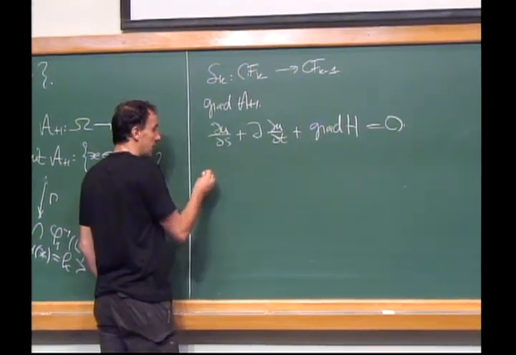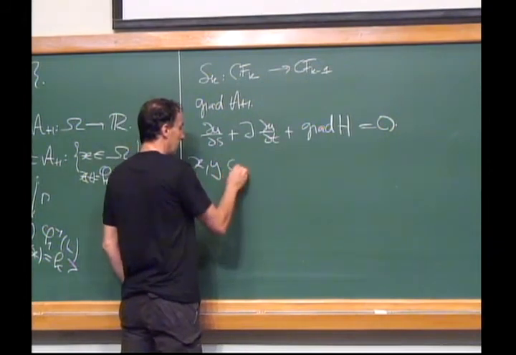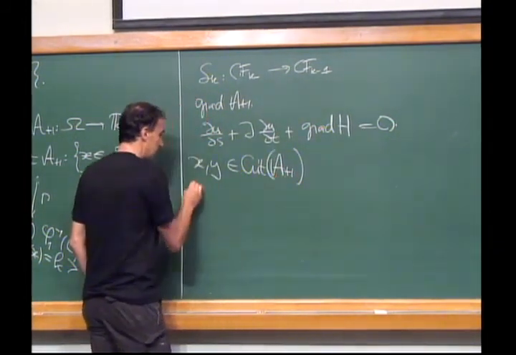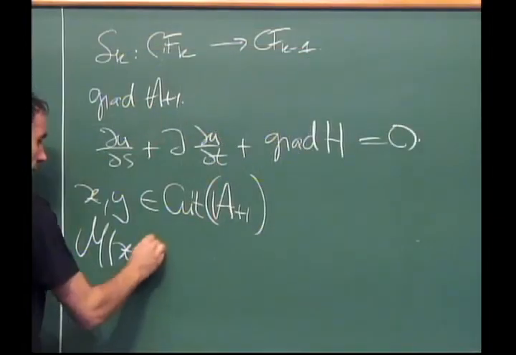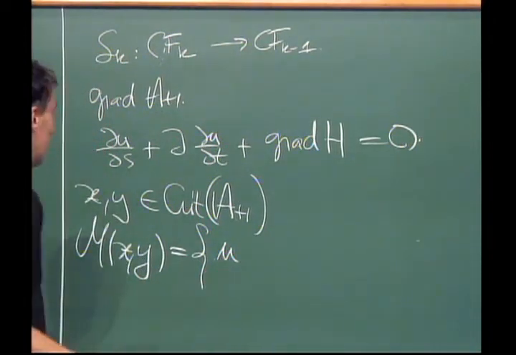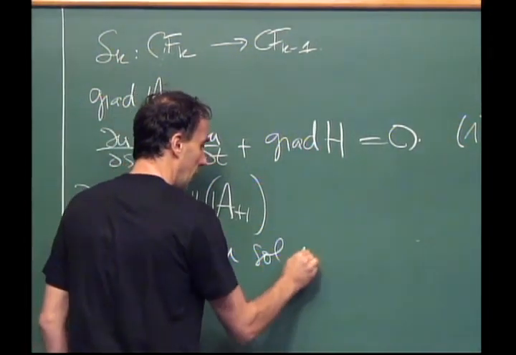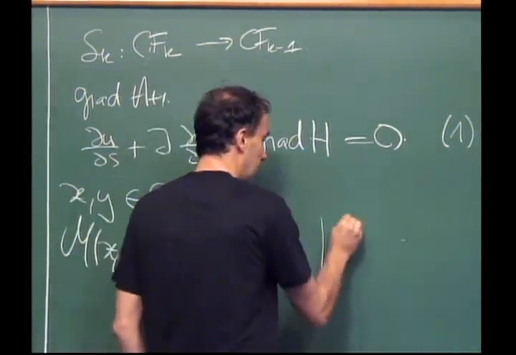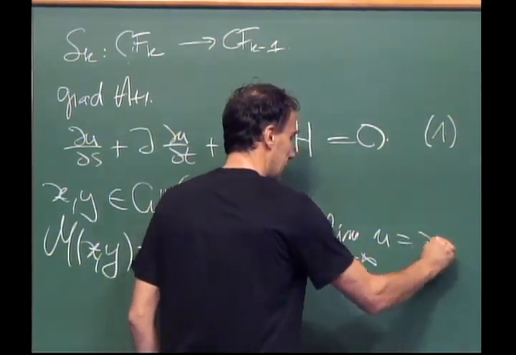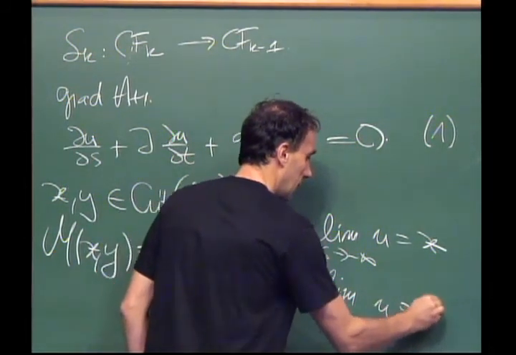In order to define this differential, what we have to do is to consider, for x and y critical points of A_H, this space M_XY, the space of solutions u of the Floer equation such that the limit as s goes to minus infinity of u is x, and the limit as s goes to plus infinity of u is y.